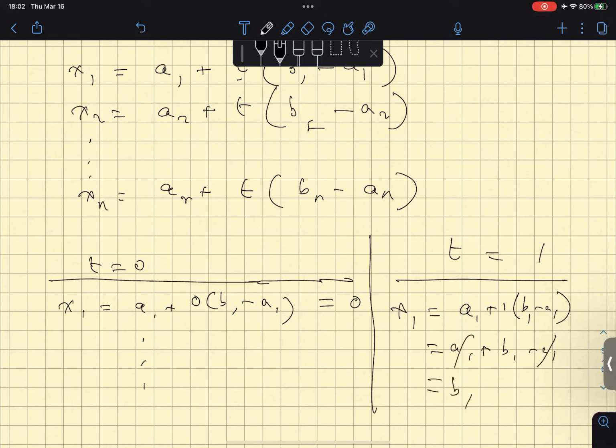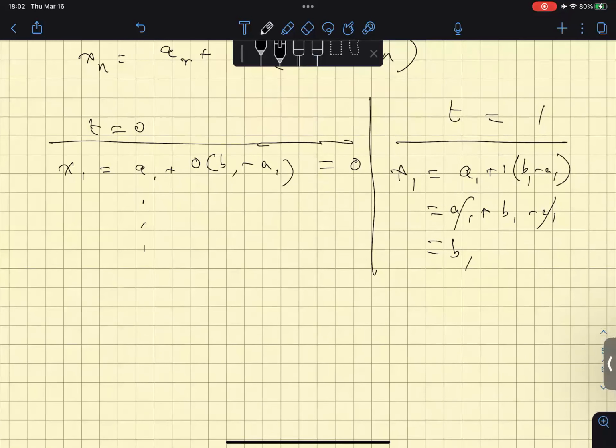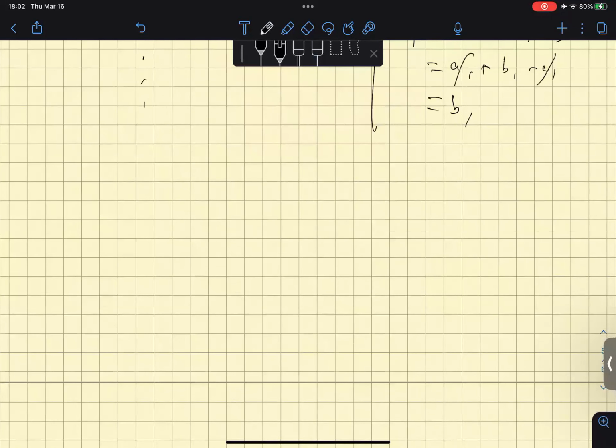These cancel, giving you b1. So at time t is equal to 0, you are at the initial point. At time t is equal to 1, you are at the final point. So all the straight line segments should be parameterized like this.